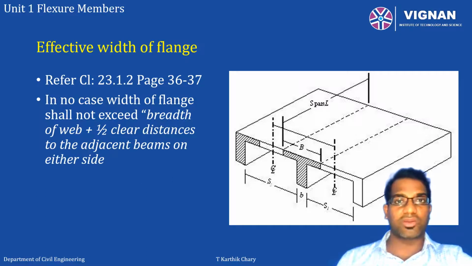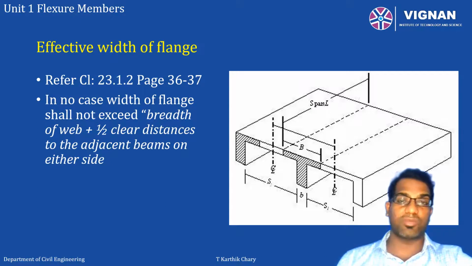If you don't have accurate calculations of the width of the flange, then please refer page number 36, 37, clause 23.1.2. This clause speaks about the calculation of the effective breadth of flange. In the figure, I have shown it with the letter B. This B should not be more than the breadth of web plus half of the clear distance between adjacent sides on either side of the beam.